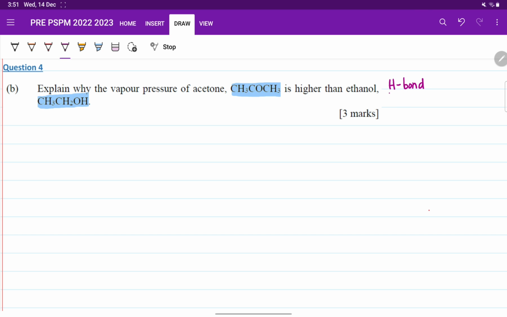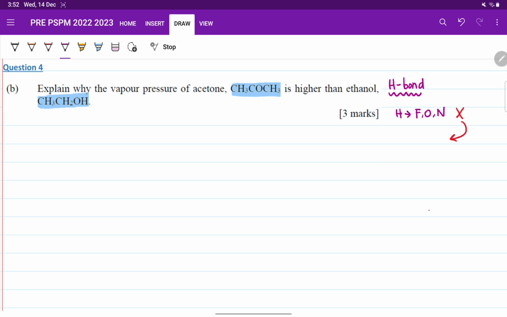How are we going to identify if a substance has hydrogen bond? So, hydrogen bond, kalau kita ada hydrogen bonded kepada fluorine, oxygen and nitrogen. So, kita akan ada hydrogen bond. So, if let's say, dekat sini, okay, tak ada hydrogen bond, baru kita akan pergi kepada yang seterusnya. So, kita akan pergi dekat sini.